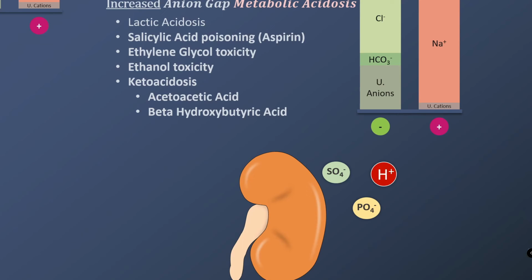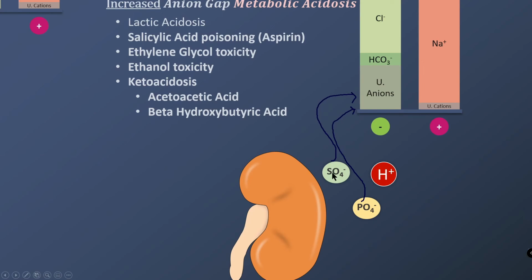Whenever we metabolize, whenever we oxidize glucose, fats or proteins in order to get energy, we generate CO2. So it means we are producing acid all the time. So protons are being produced all the time, as well as sulfate and phosphate. They are either being produced or ingested. And sulfate and phosphate are unmeasured anions, right?